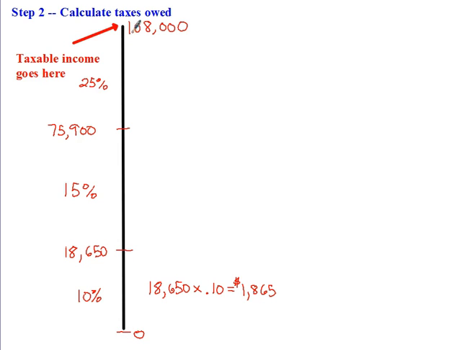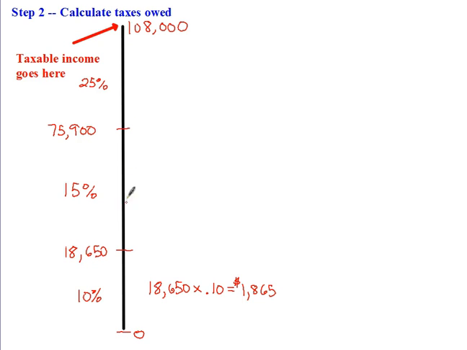Now, he made $108,000, so we got to keep going. His income from $18,650 up to $75,900 is going to get taxed at 15%. So we take the top of the bracket minus the bottom of the bracket, multiplied by the tax rate. That's $75,900 minus $18,650, the bottom of the bracket.